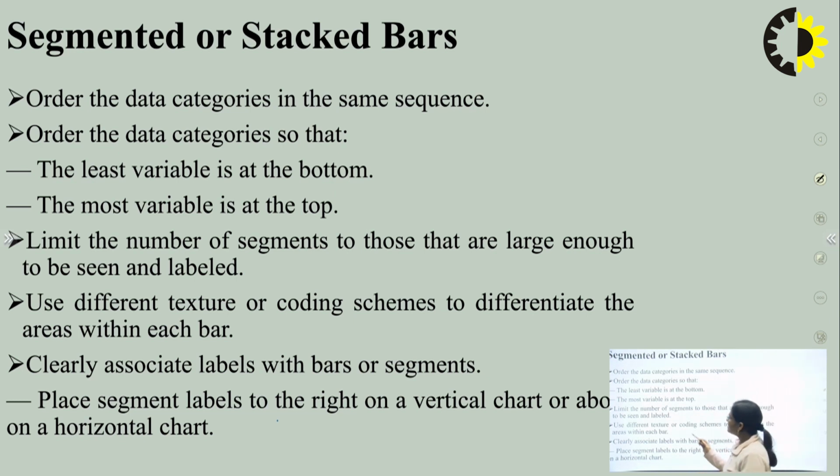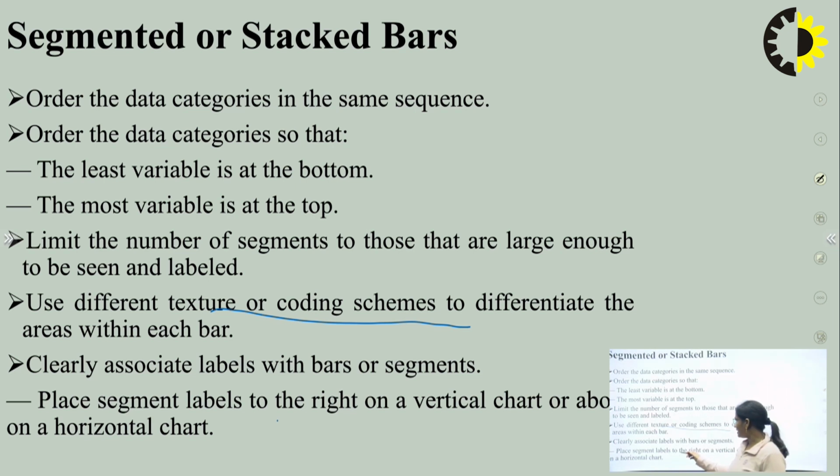Limit the number of segments to those that are large enough to be seen or labeled. If we are using many segments, then it may also create confusion for the user. Use different textures that we have already discussed, texture or coding scheme, to differentiate the areas within each bar. Then clearly associate labels with the bars or segments.